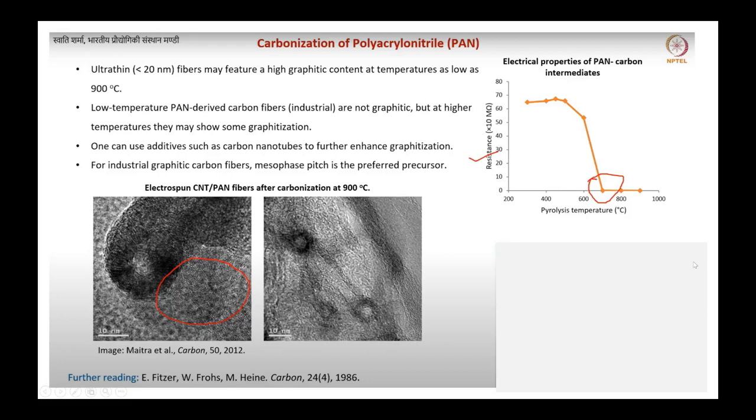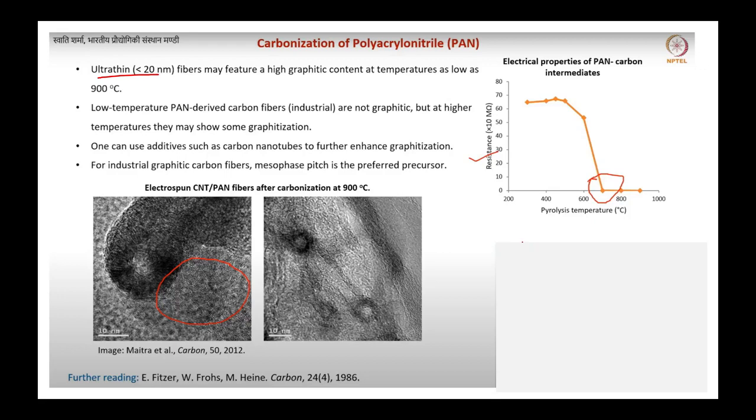Now, here is the carbonization of polyacrylonitrile. In this you can see how it is happening. If you want ultrathin fibers, less than 20 nanometers, they may feature a high graphitic content at temperatures as low as 900 degrees centigrade.